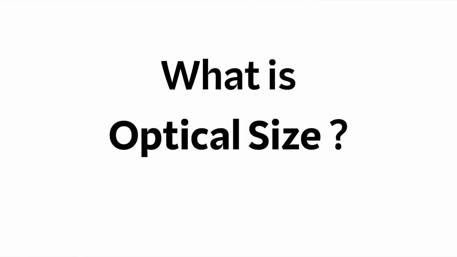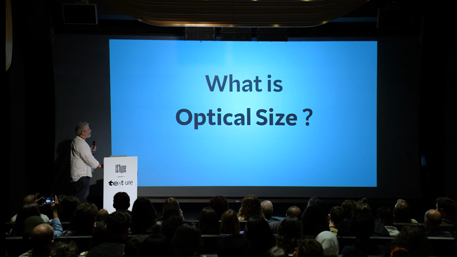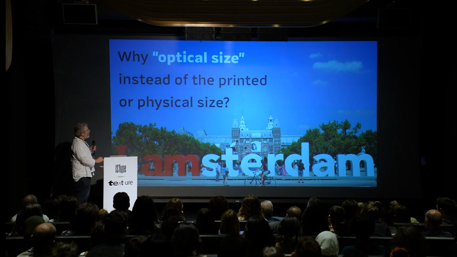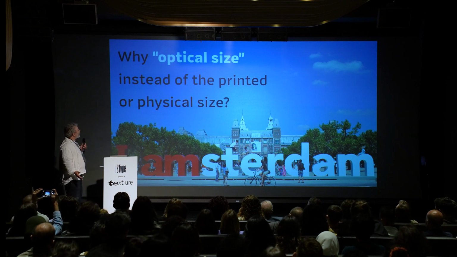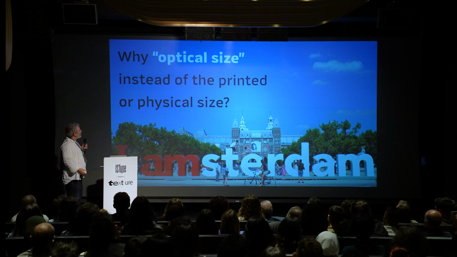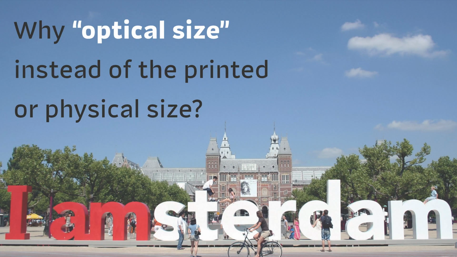But what is optical size? Why do we care about this? It's something that we don't talk about as often as we talk about something like weight or width. And why do we call it optical size anyway? It's kind of a weird term. Why don't we call it the printed size or the physical size?